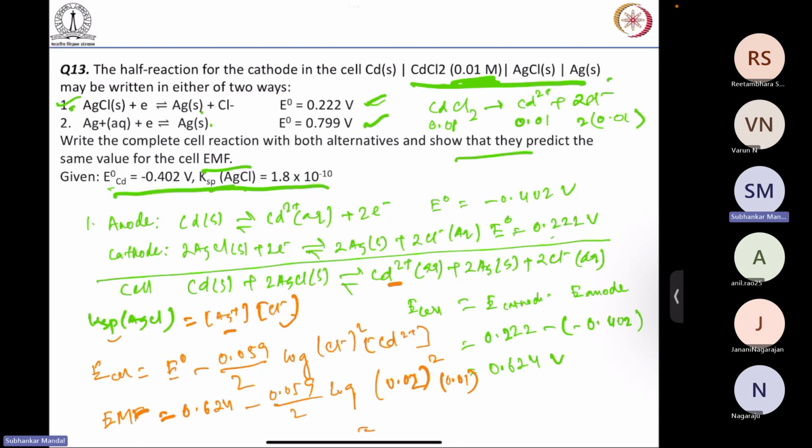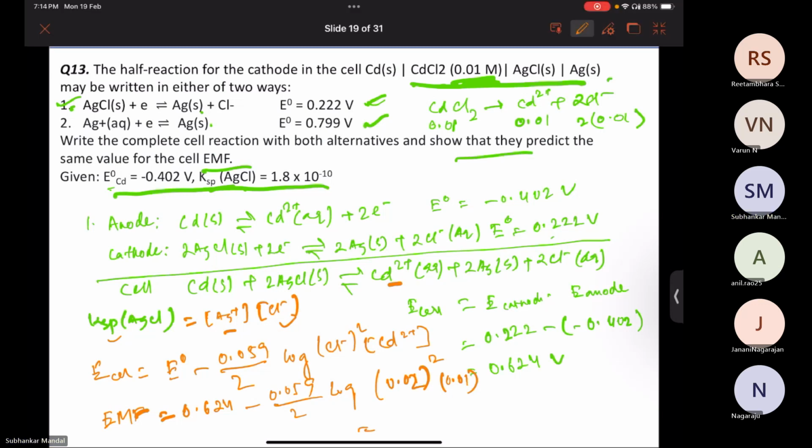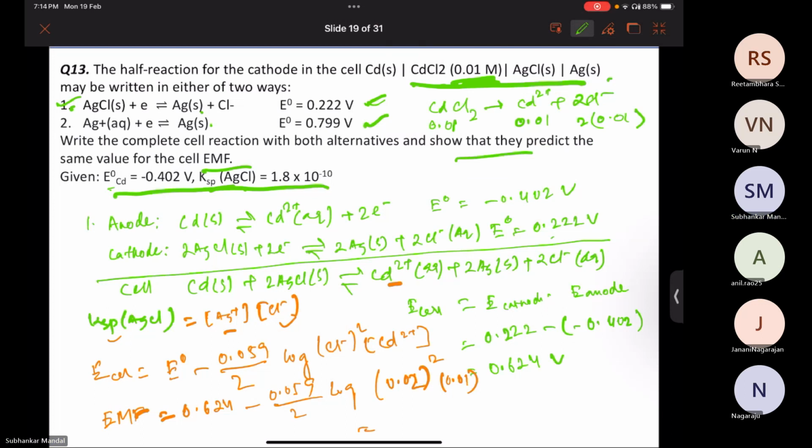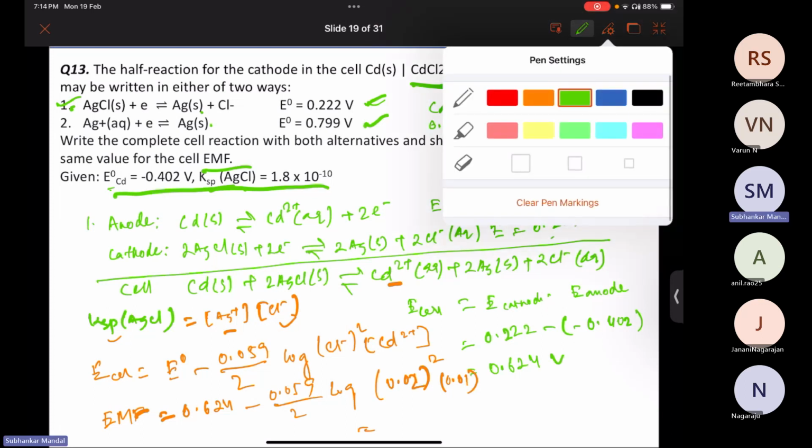Okay, if people can do this calculation in your room, I can write how much it will become, so you can back check whether it is correct or not.